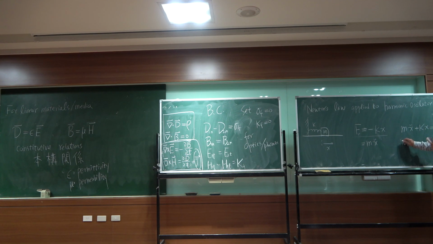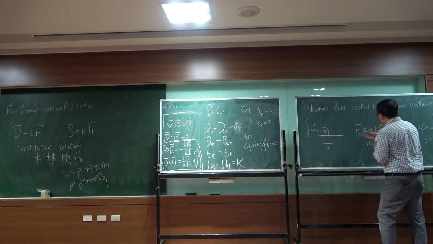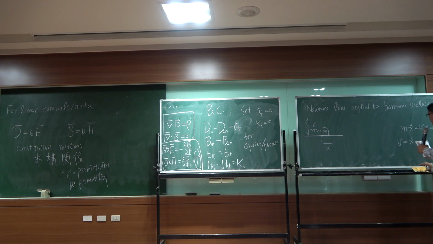So if we remember that velocity is x dot, that is, the first time derivative of displacement is velocity, and the second derivative is acceleration. Now let's look at a problem: according to calculus, this is the equation of motion.